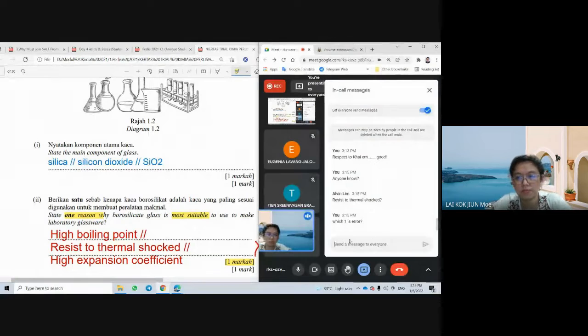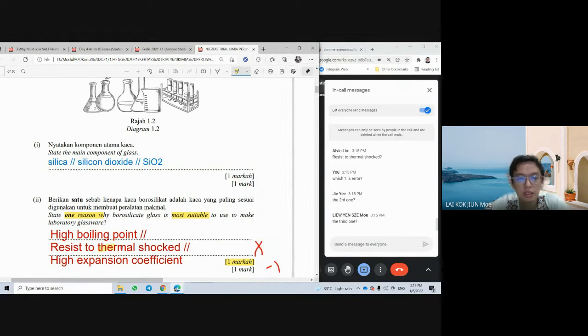Thermal shock is good. You know what is meant by thermal shock? Jie Yi, Alvin Lord. Thermal is heat. If suddenly it is heated, it will crack. That means this is not good to resist thermal shock. If suddenly I put it in the freezer, 0 Celsius, it will crack. It's not good.